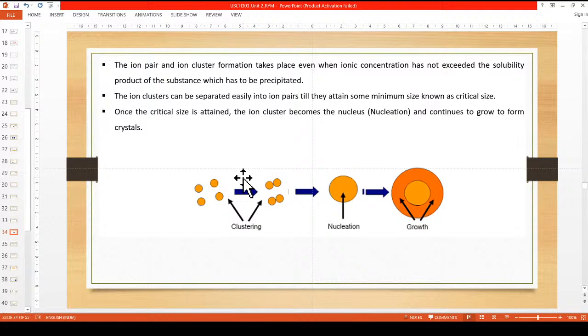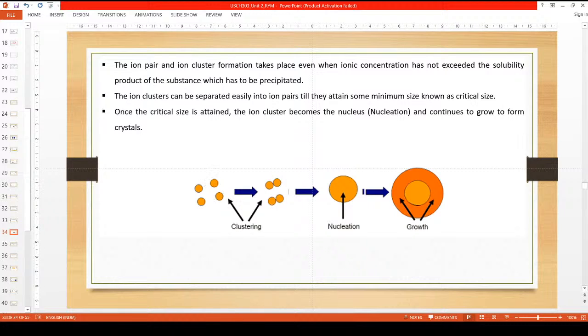Heterogeneous nucleation is like China. There is no democracy. One leader is there, like a foreign particle, and the remaining particles grow on its surface. A dust particle can be a nucleation center.